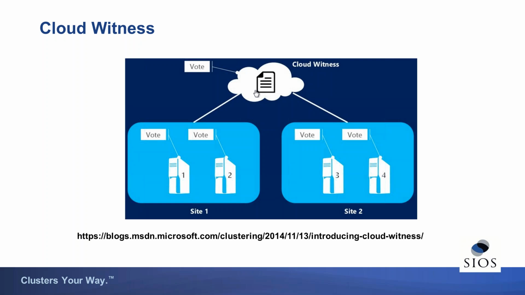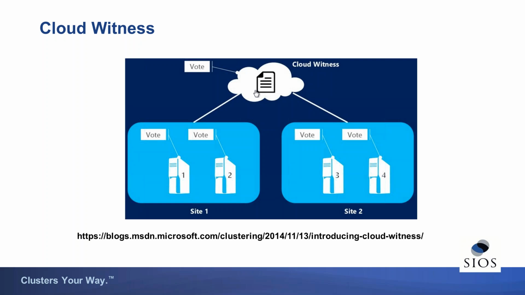And if I were to put the witness in site 2 and had a failure of site 2, you'd lose 3 votes simultaneously, and site 1 would only have 2 out of 5 votes. It would actually come offline even though everything's working fine and you didn't lose any cluster nodes. It would lose the majority and come offline.